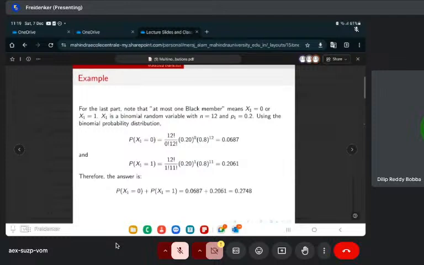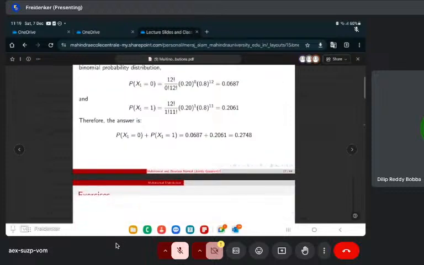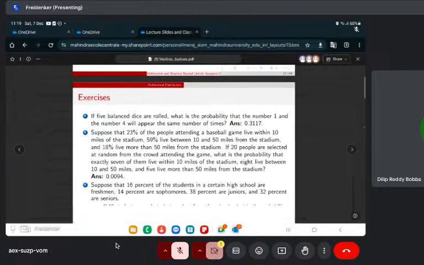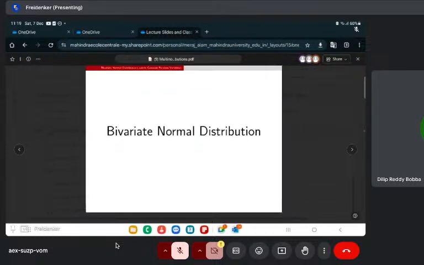So here you have the marginal kind of thing, because they're only using one variable. So you'll get the binomial formula. Okay, example. Nice.